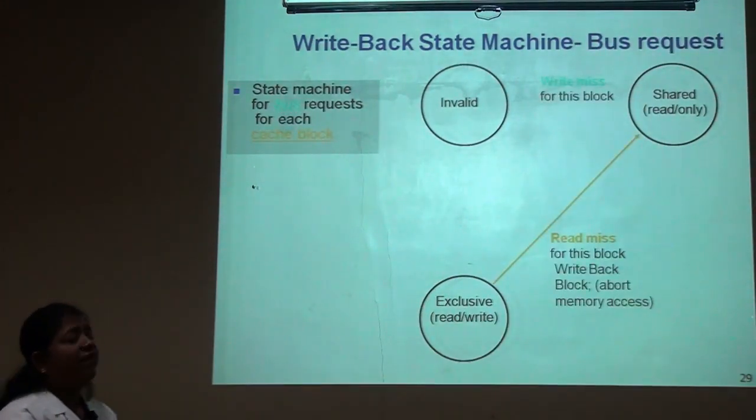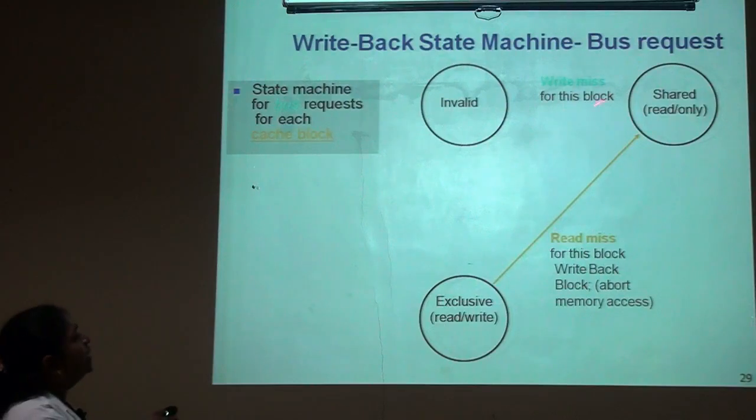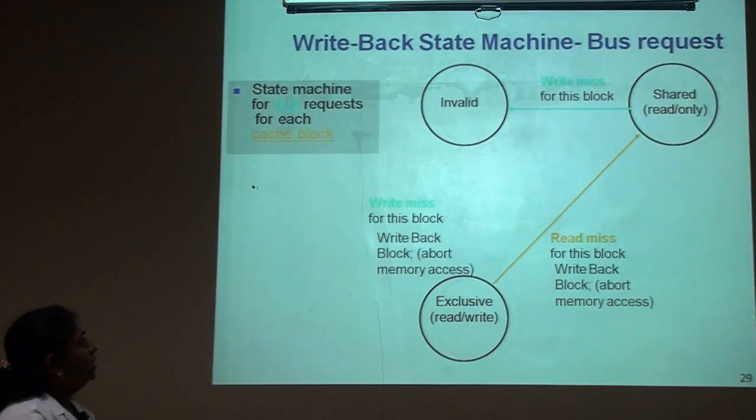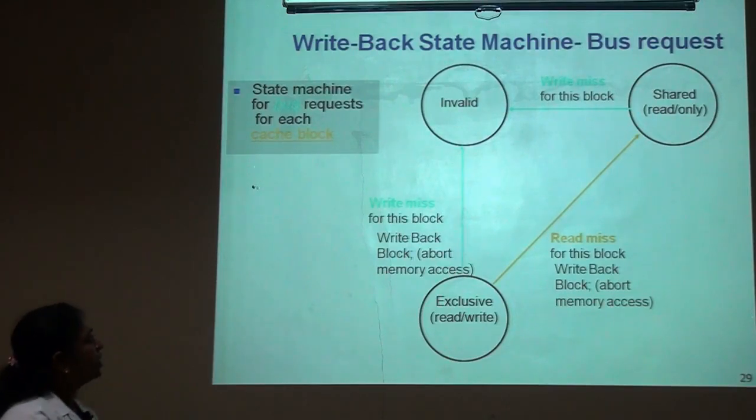In the same way, we can get the data on the bus request also. Here we again have three states: invalid, shared, and exclusive. Here also we ask for data. If the data is available, we get a hit operation, otherwise a miss operation. In the same way, read miss and write miss can occur, and write operations can also be performed.